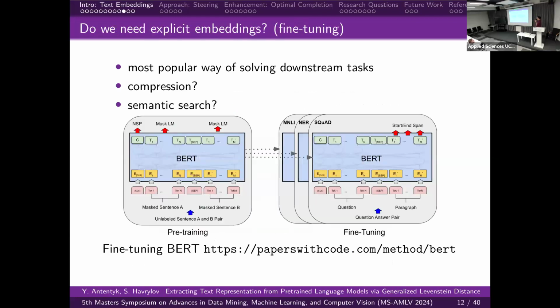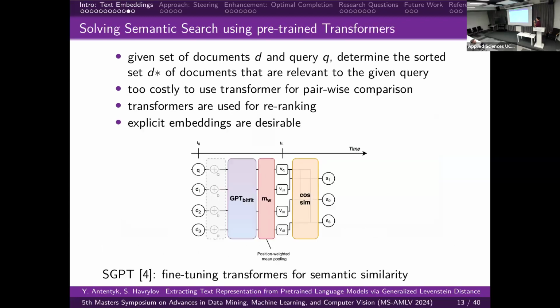But you probably also know this, today we don't really explicitly model embeddings. We rather fine-tune the language model for each particular task, and it seems like we don't really need embeddings at all. But that's not completely true. We still need them for semantic search, because fine-tuning for semantic search is not straightforward.